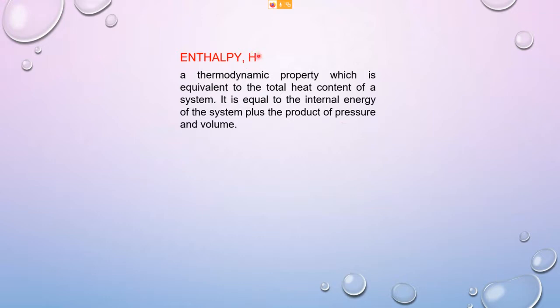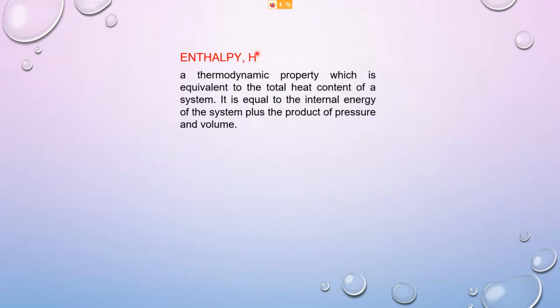We use uppercase H to represent absolute enthalpy, which is measured in kilojoules. If you refer to specific enthalpy, then we use lowercase h, which is in kilojoules per kg.